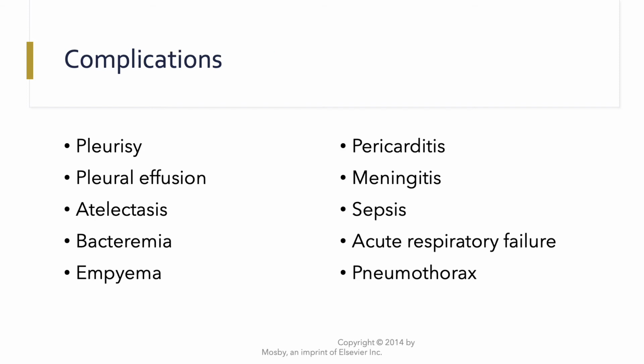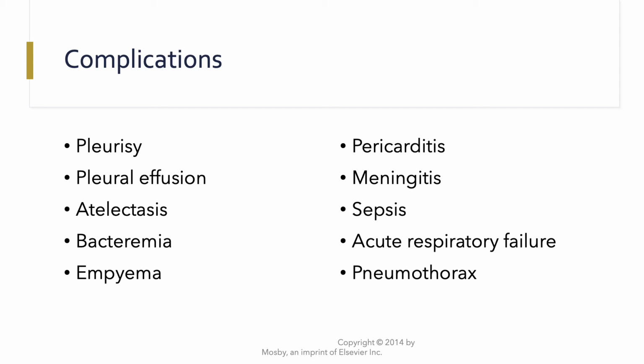Okay, complications of pneumonia include pleurisy or pleural effusion. That's what I mentioned a few moments ago, that area in the pleural space becomes inflamed and painful. Pleural effusion is when actually fluid builds up in that area. There's so much infection that it starts getting pussy in there.